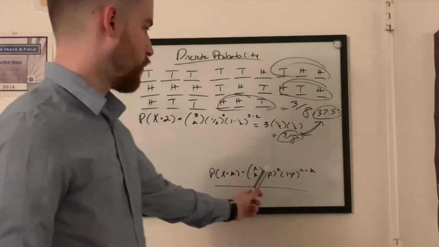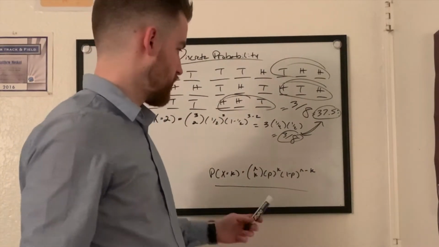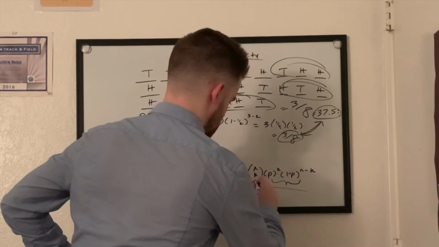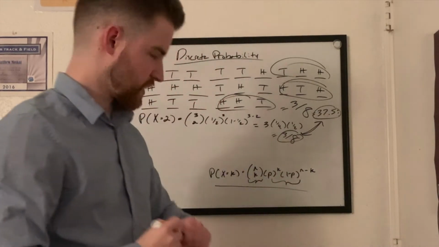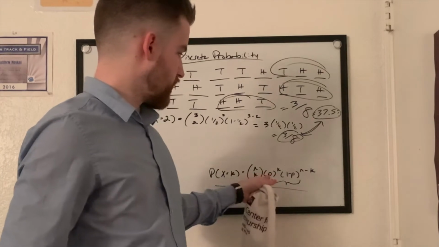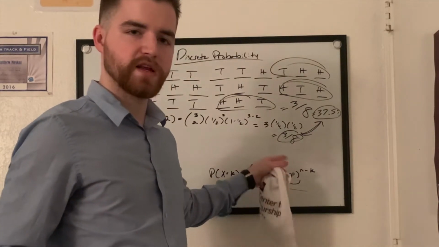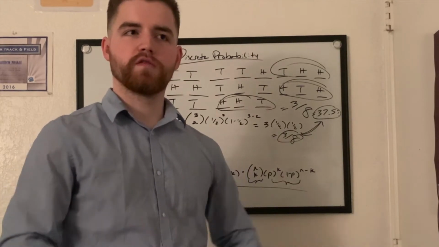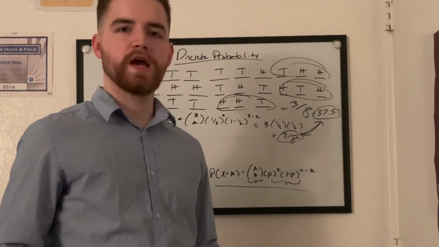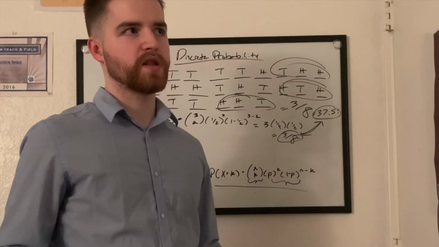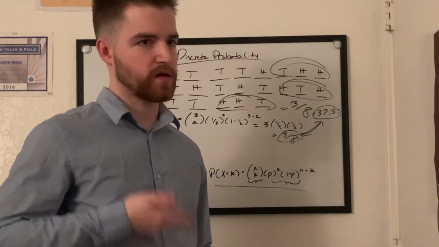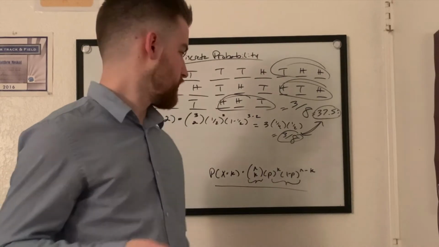If you're curious about why it works, I'll explain this in 2 parts. So the first part, p to the k times 1 minus p to the n minus k. If I'm doing 3 coin flips and I want to figure out a way I can get 2 heads and 1 tail, well, that means I'd have to do a heads, and then a tail, or a tails, a heads, and then you get it.